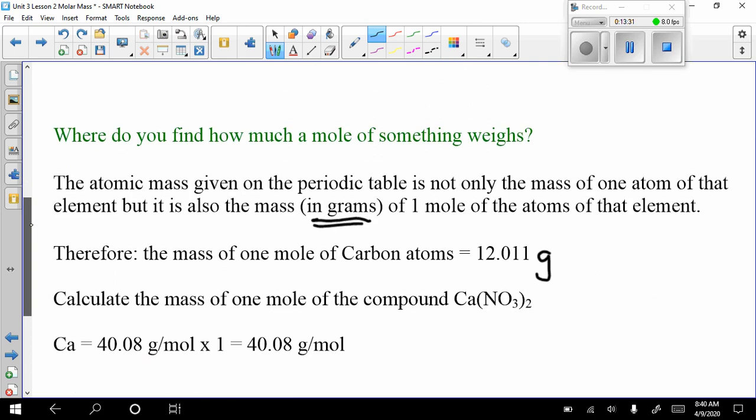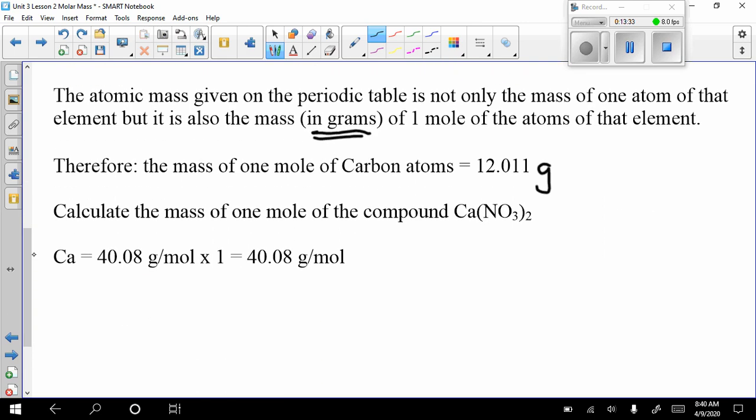Well, we can extend that now to get the mass of what the mole of a compound is. So listen to this. Here's calcium nitrate. In calcium nitrate, there's one atom of calcium. We have that 2 applies to everything in the brackets, so there are 2 atoms of nitrogen, and then 2 times 3, there are 6 atoms of oxygen.